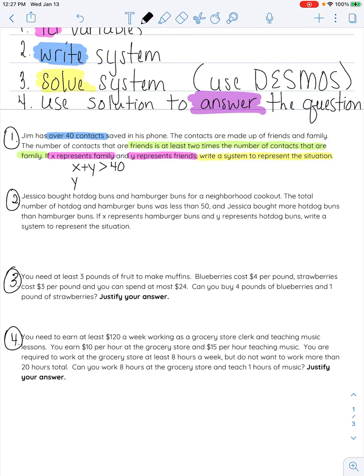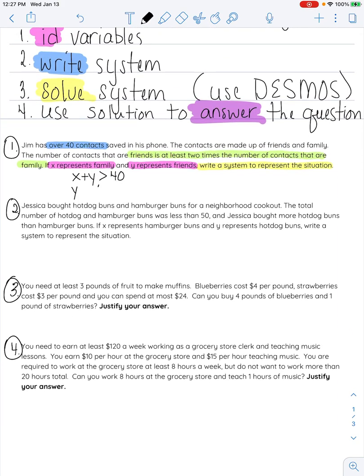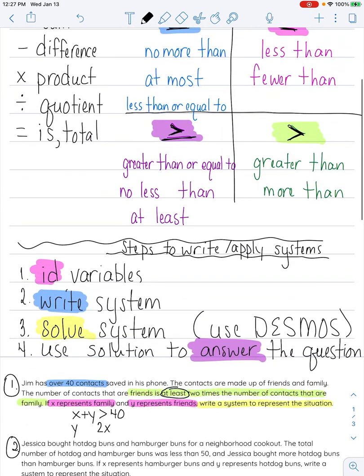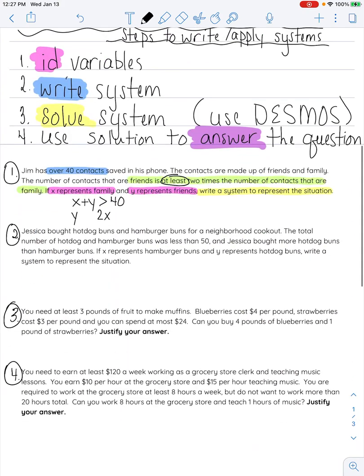And it says that is at least 2 times the number of contacts that are family. So 2 times, and we used X to represent family. But here's what I want to focus on: at least. If I look back at my chart, at least is a greater than or equal to symbol. So those are the 2 inequalities in my system.